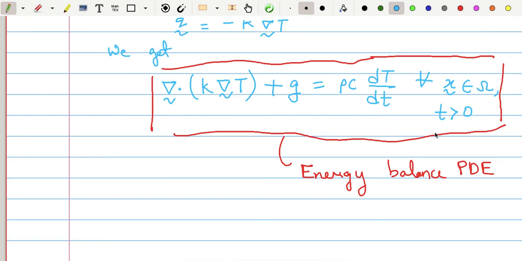So this is the energy balance PDE. Once again, energy balance PDE. Any doubts?